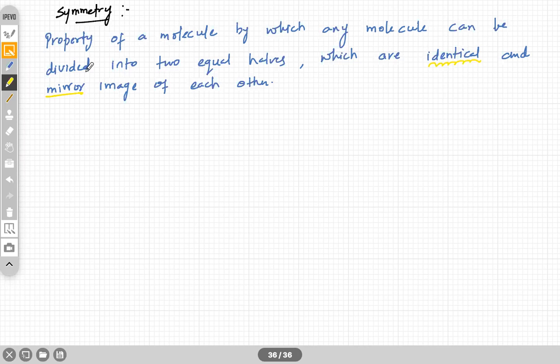That is a condition for a molecule to show optical activity. How do we define chirality? Chirality is a property of a molecule by which it cannot be divided into two equal halves. And this chirality property we can understand with the elements of symmetry.